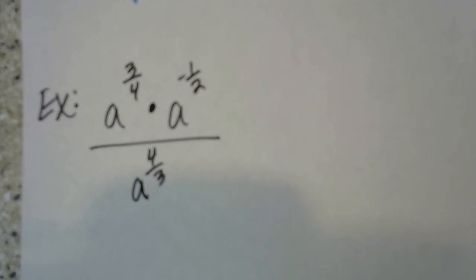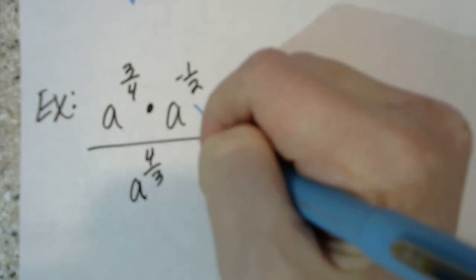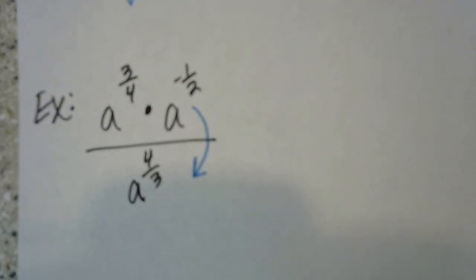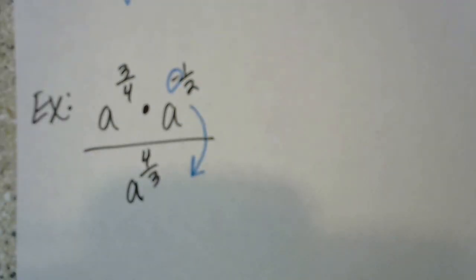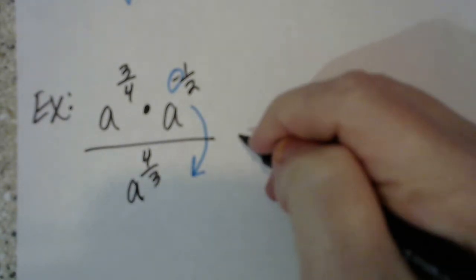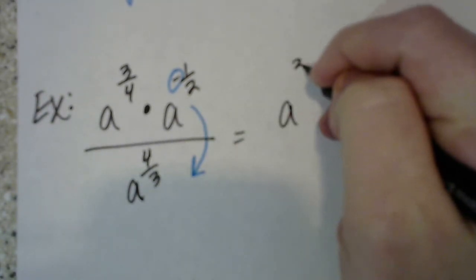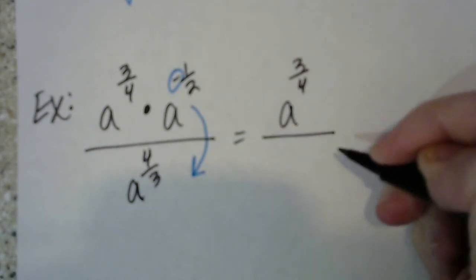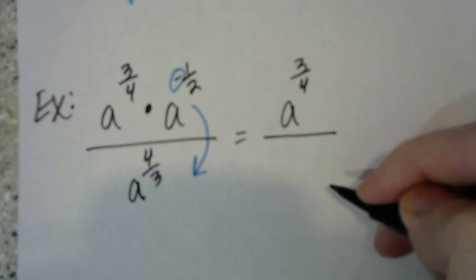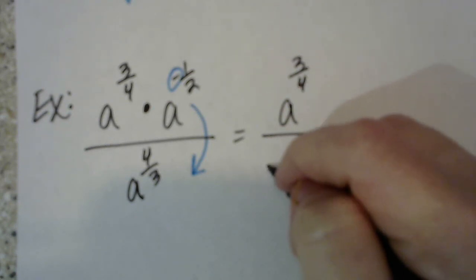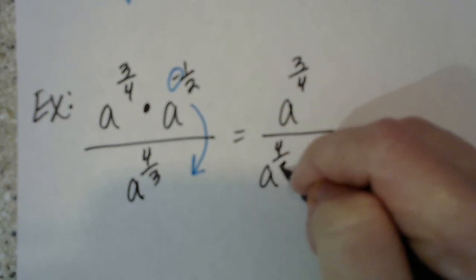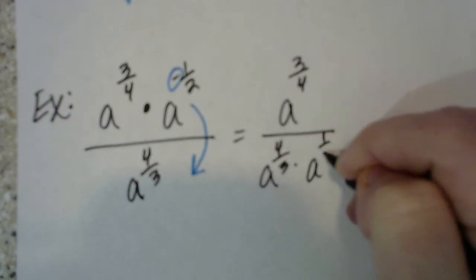To reiterate our negative exponent rule, I'm going to do what I just said first. I am going to drop this term down so that I can take care of that negative exponent. So that's going to give me a to the 3/4 on top. Leave it there by itself. And then on the bottom, I'm going to have a to the 4/3 times a to the 1/2.